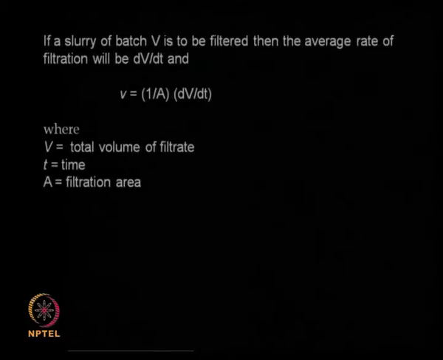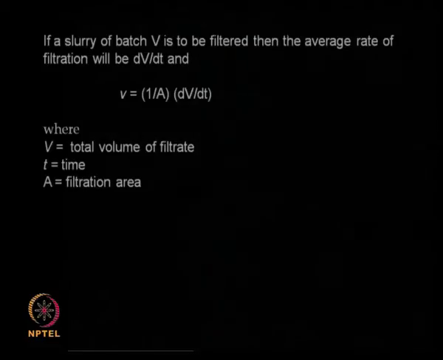So if you are looking at velocity of flow through a bed and the volume of the liquid that needs to be filtered, then the velocity and the volume will definitely be related, that is velocity is equal to dV by dt, where V is the volume and t is your time. So dV by dt is the average rate of filtration, and the whole thing is divided by area. A is the filtration area.